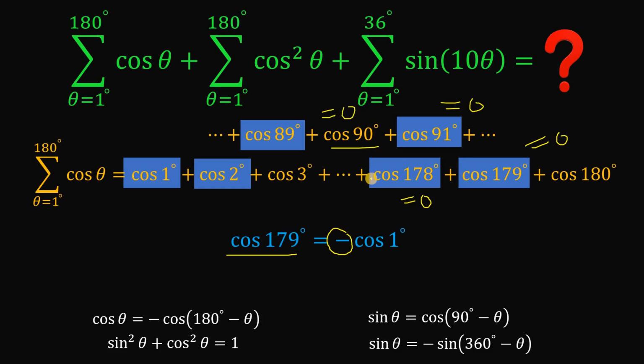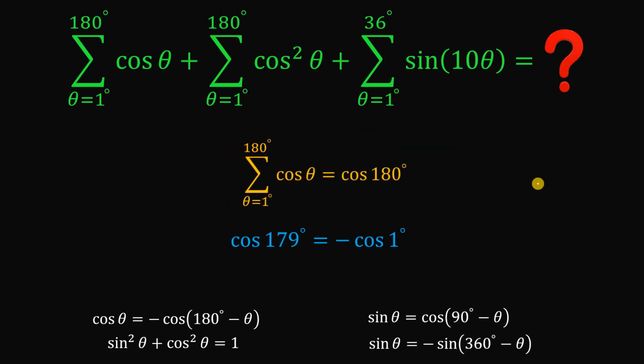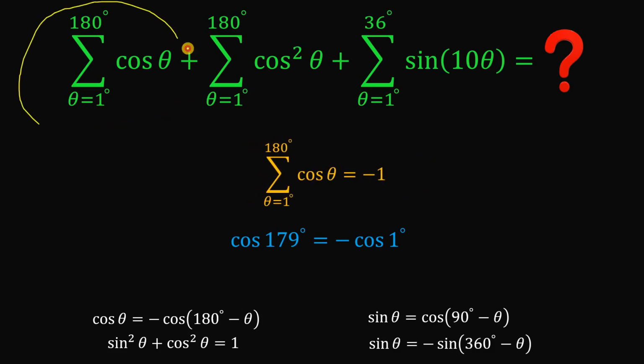We all know that. Therefore, the value of the summation of cosine theta, wherein theta goes from 1 to 180 degrees, must be equal to just cosine of 180 degrees, because all of the others must be equal to 0. And what is the value of cosine 180 degrees? This is just negative 1. Therefore, the value of this expression must be equal to negative 1.